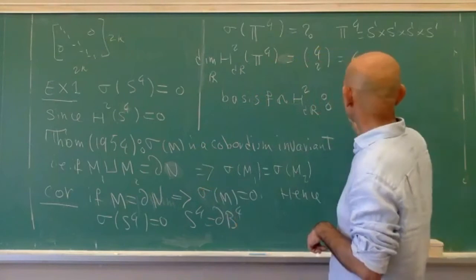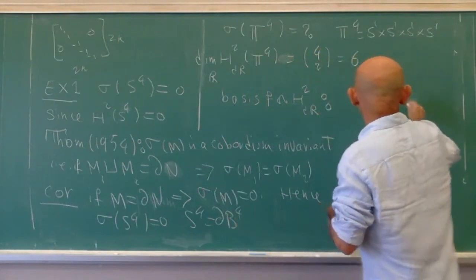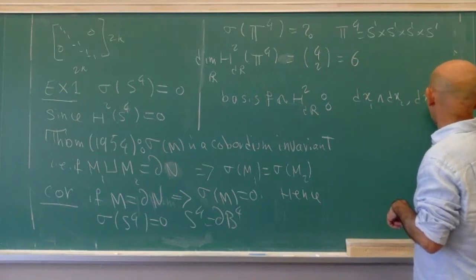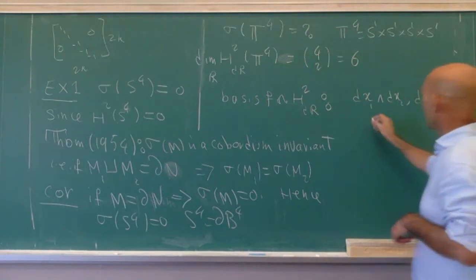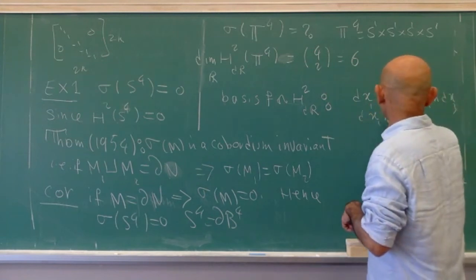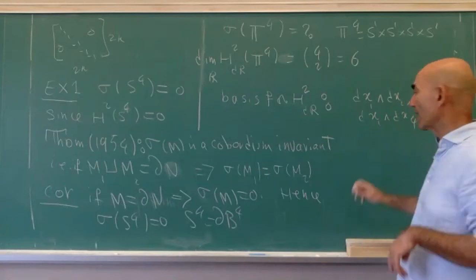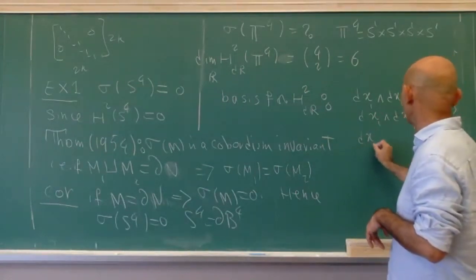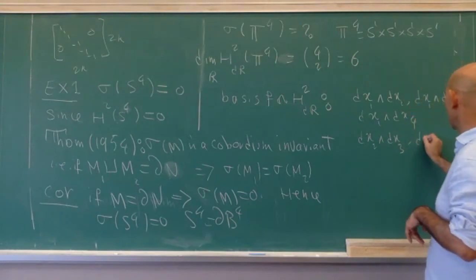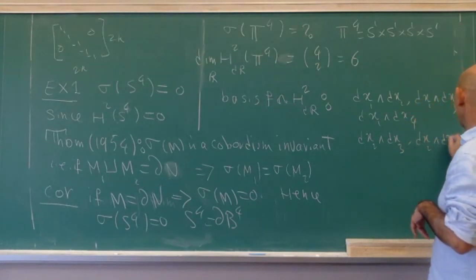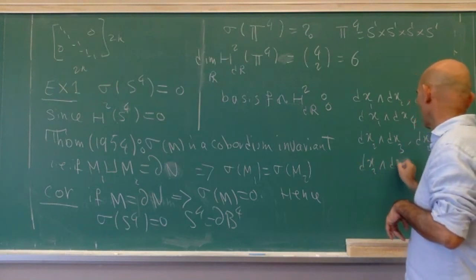And then you take dx1 wedge dx2, dx1 wedge dx3, and then dx1 wedge dx4. And then you take dx2 wedge dx3, then dx2 wedge dx4, and then dx3 wedge dx4.